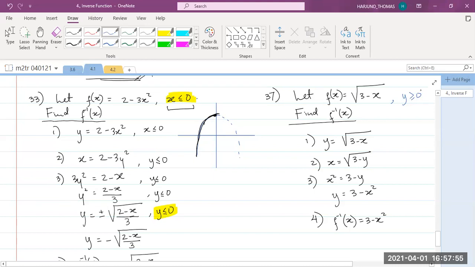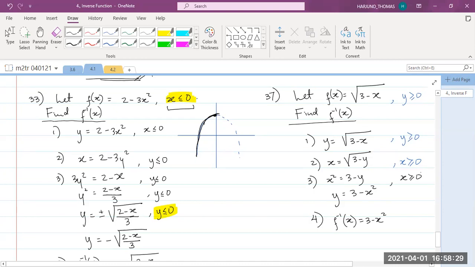That's automatic, I don't even need to write it down. So y is at least 0. Now here, x has to be at least 0 because you swap x and y. Once you square both sides, however, you need to avoid x running away from at least 0.